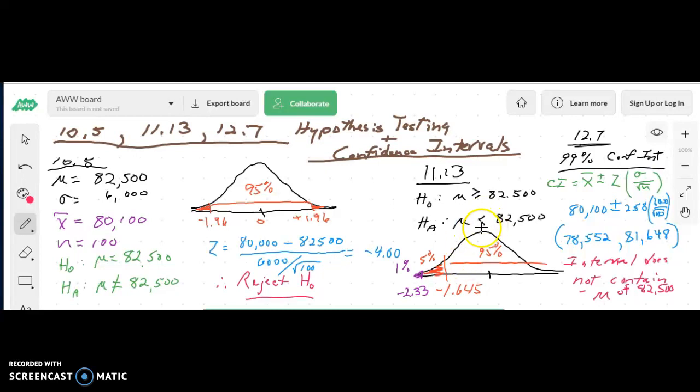So since we're taking a look again at the alternative being significantly less than, we're only taking a look at a tail on the lower end rather than two tails. So this is now a one-tailed hypothesis test. And we focused all of our percentage of being outside this 95% towards the one tail.